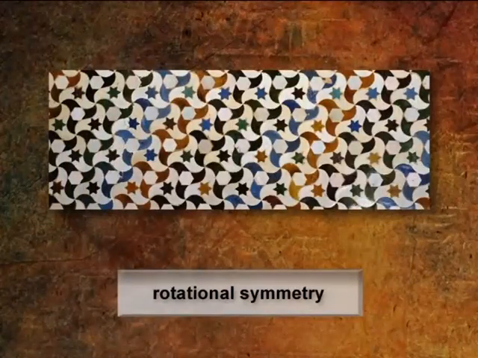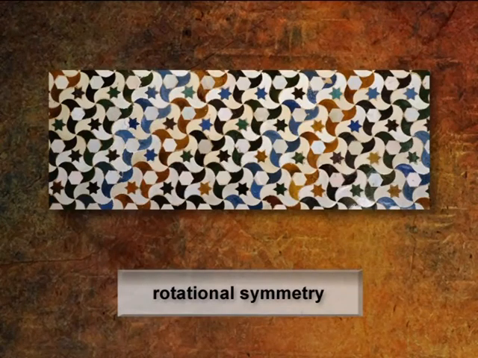Now, this particular pattern at Alhambra has more than translational symmetry. It also has rotational symmetry. We've got figures here where if we rotate them by 120 degrees, we get back exactly the same figures.